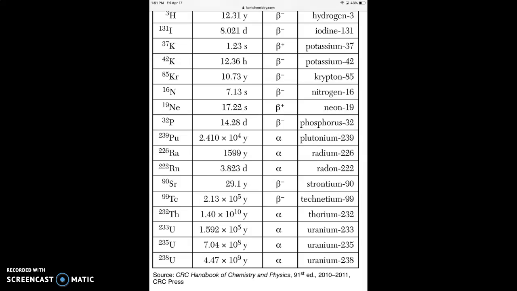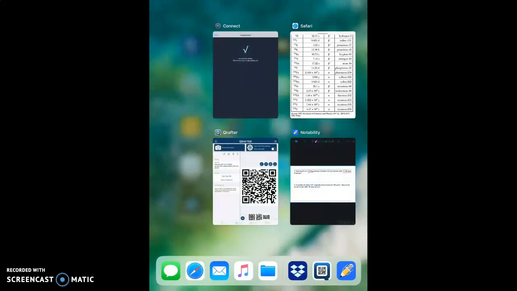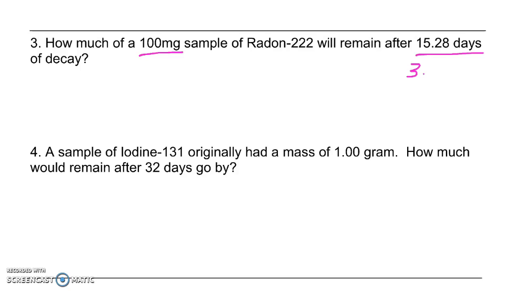So I'd want to take that number, 3.823 days, and I want to see how many times it goes into 15.28. So if you guys don't have a calculator out yet, you should definitely get a calculator. We're going to divide these two numbers. Okay, and I get 3.99. Your number of half-lives should always be a whole number. So 3.99, I could round up to 4.